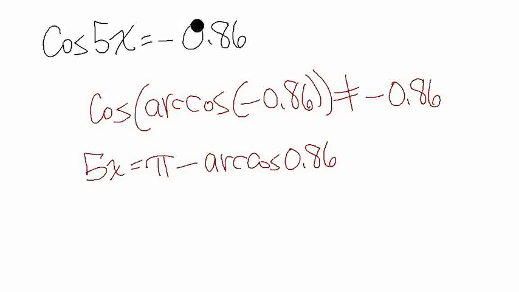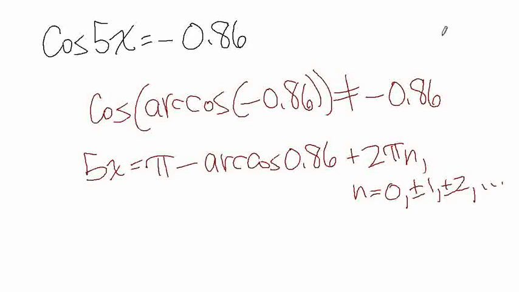Now, that is only one solution, so we've got to find all the solutions. So let's think about this. Well, we know we can add some multiple of 2 pi. All right, so there's more solutions where n is an integer.